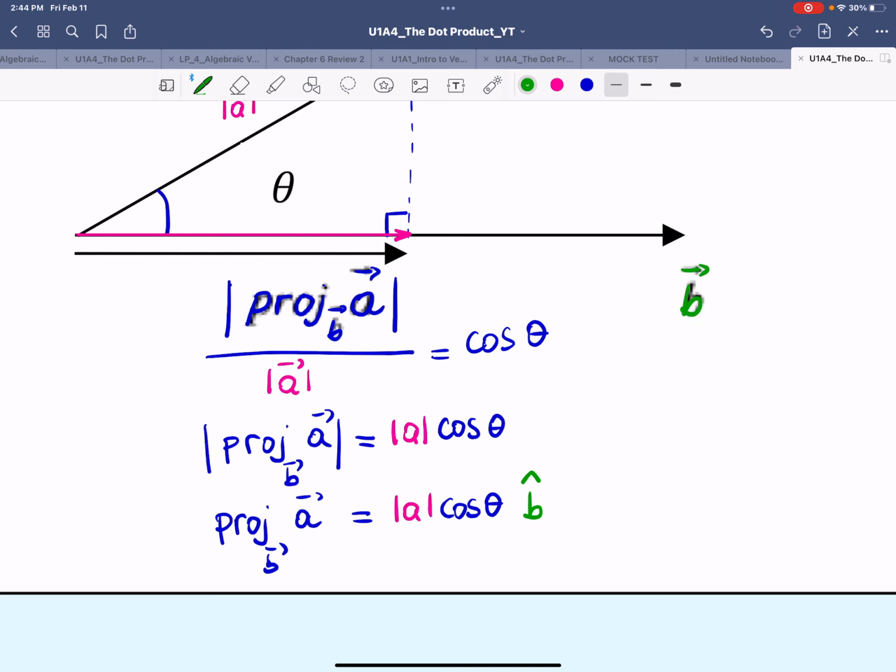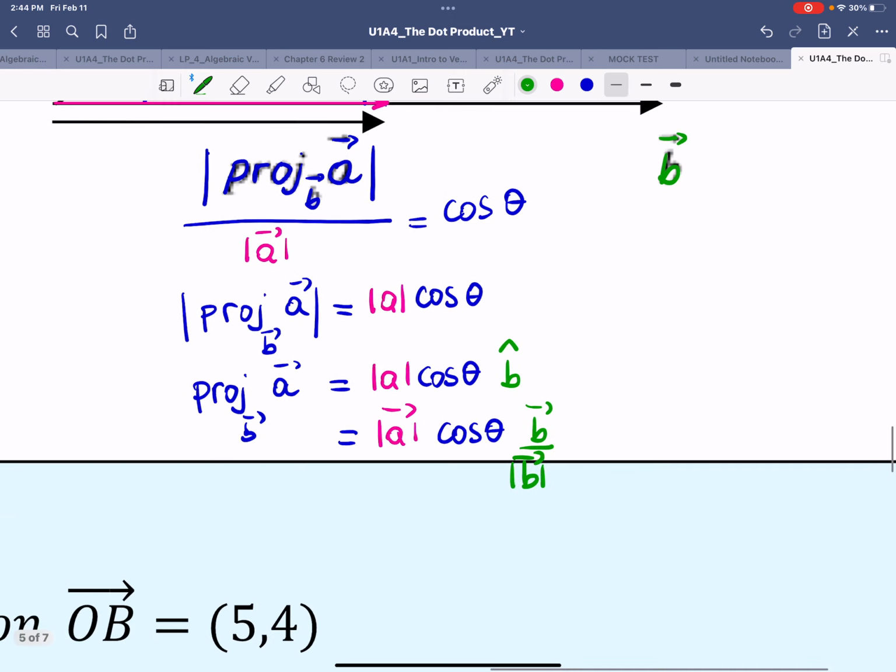Now recall that unit vector B, on the other hand, is vector B divided by the magnitude of vector B.